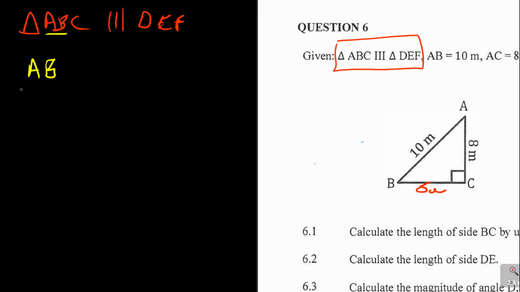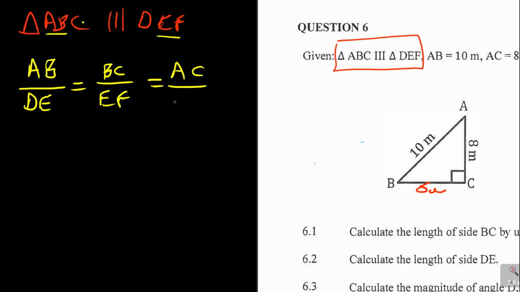Then you say AB over DE, which is what they want us to calculate, is equal to, you can choose any other part, BC over EF, which is equal to AC over DF. See what I'm saying?